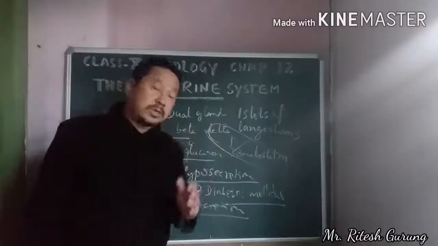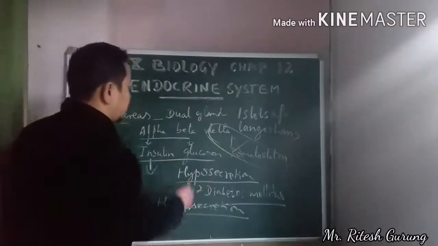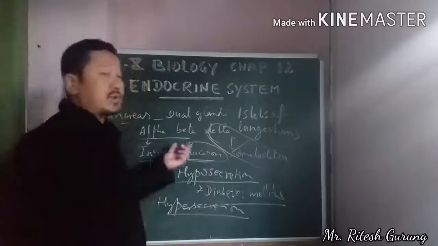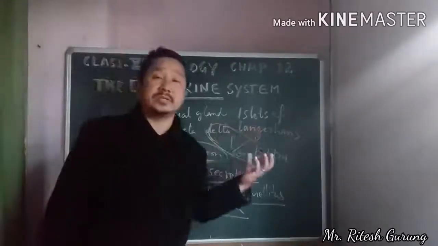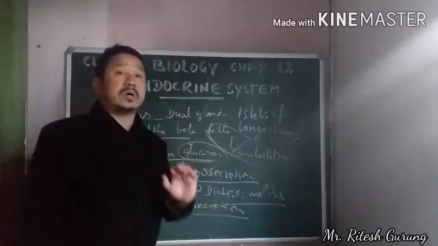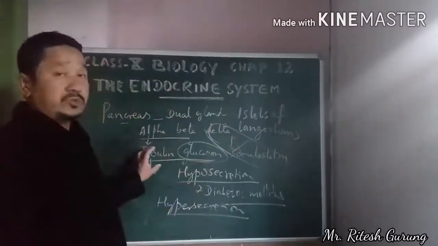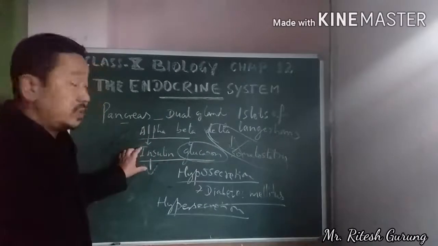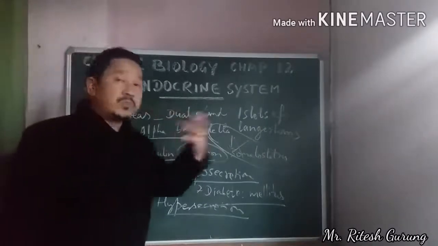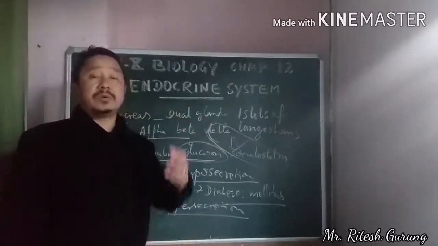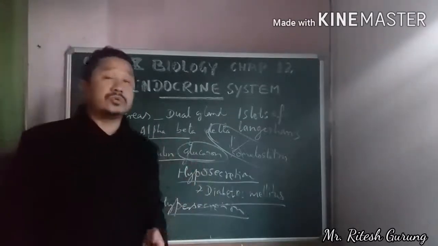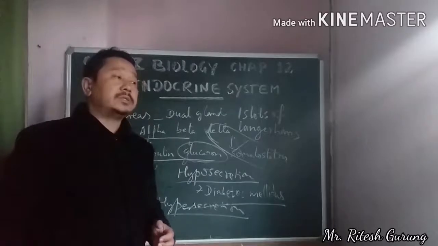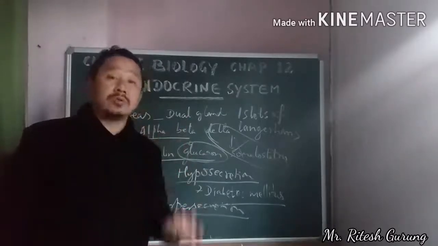Then the other hormone, as I've told you, called glucagon. What is that? Glucagon, secreted by the alpha cells of these islets of Langerhans. Its function is just opposite to the function of insulin. Insulin, as I've told you, promotes the utilization of glucose in the blood, and also stimulates the cells to convert the glucose into glycogen.